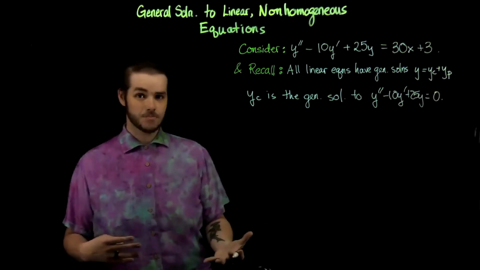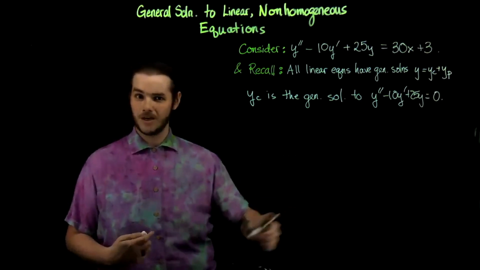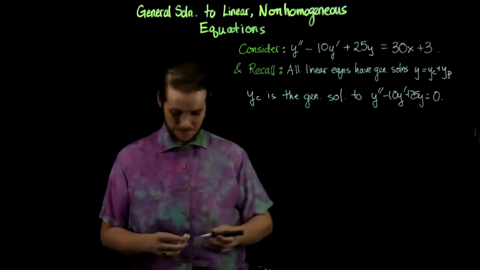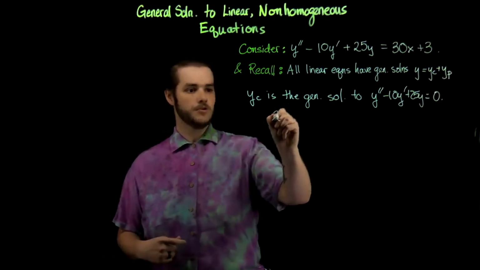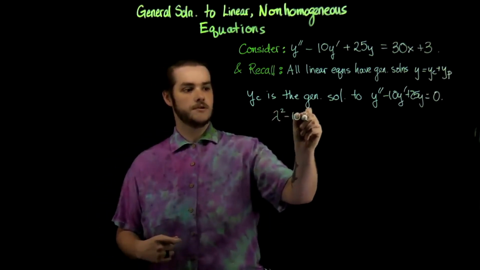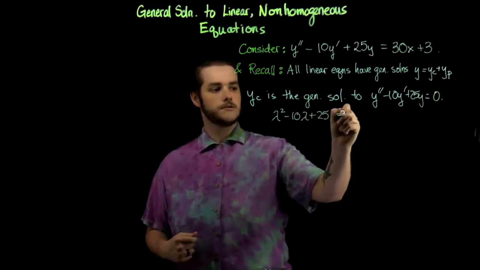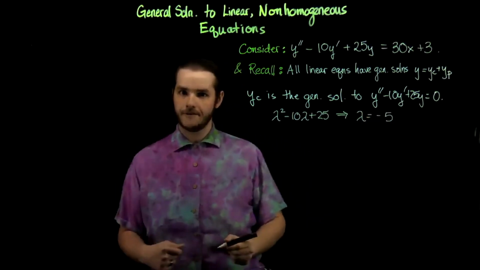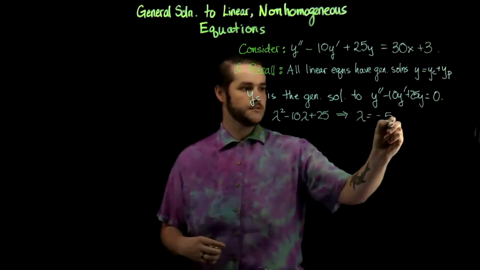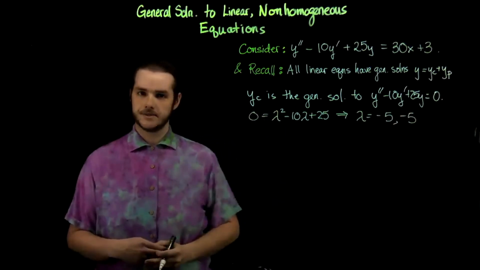Now, if you haven't seen the previous videos, I'm going to ask you to go watch those now, because what I'm about to do will make no sense otherwise. I first write the characteristic polynomial, lambda squared minus 10 lambda plus 25, and its roots end up being, well, only 5, repeated twice, when I set this equal to 0, that is.